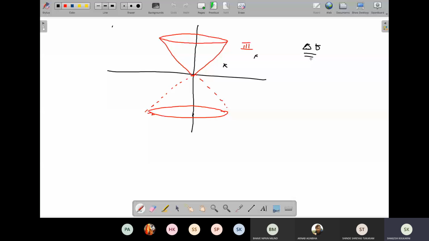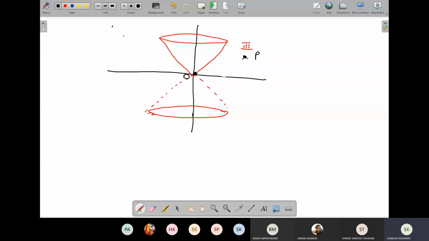Suppose someone is talking about this event P, so let us formalize this. Let us consider this event O at the origin, and any other event, say P, in region 3. They are space-like separated.